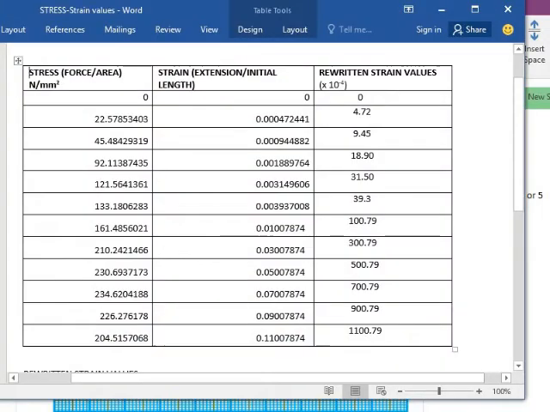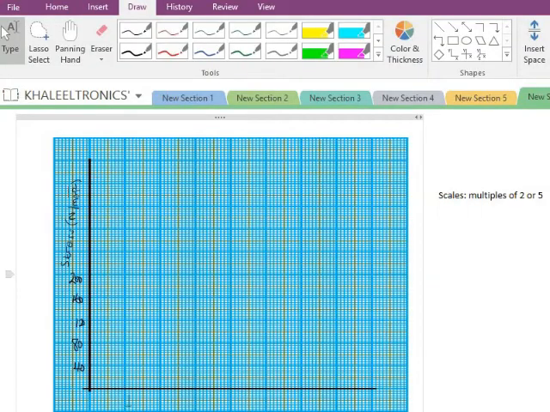As for the x-axis, according to my values, I have 1100 and approximately 1 to be my largest value, and I can count my boxes. I have 1, 2, 3, 4, 5, 6, 7, 8. I have 8 boxes. So if I divide 1100 by 8, it's going to give me about 140, but that's not a realistic scale to use.